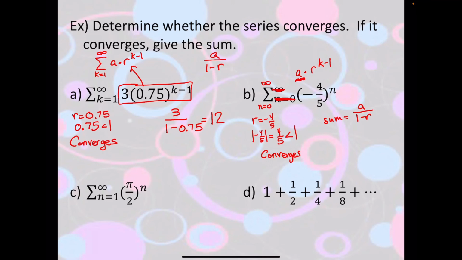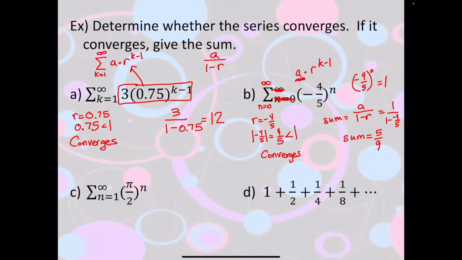So if I were to plug in 0 to find my first term, anything to the 0 power is 1. So I'm going to do 1 over 1 minus negative 4/5. That's r. So my sum is 5/9.